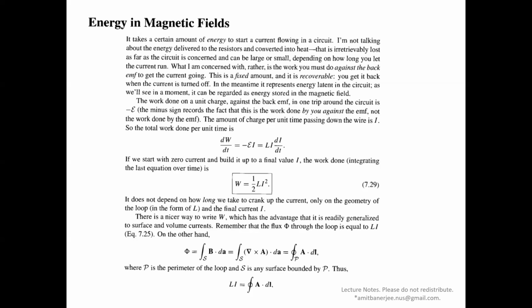If we start with zero current and build it up to a final I, then we integrate from 0 to I, and this gives you one half L I squared. It does not depend on how long it takes to bring the current from 0 to I. It depends only on the geometry of the loop, which is what L depends on, and the final current I.